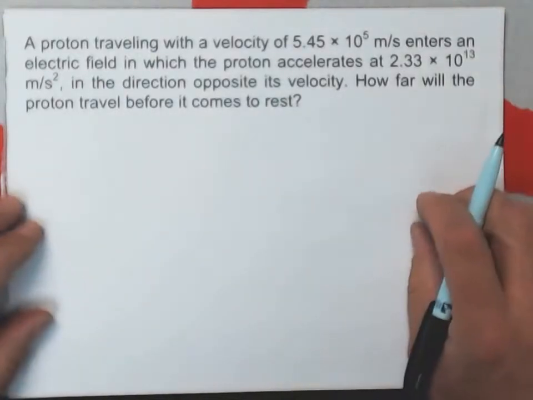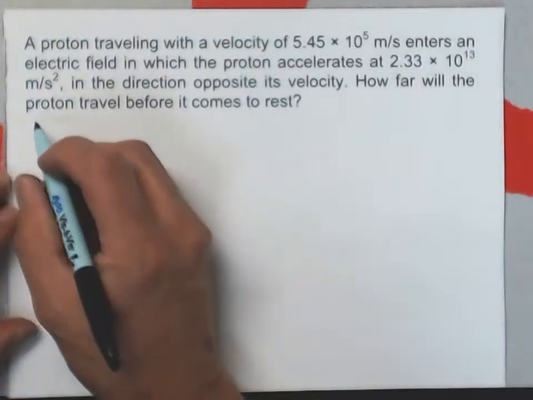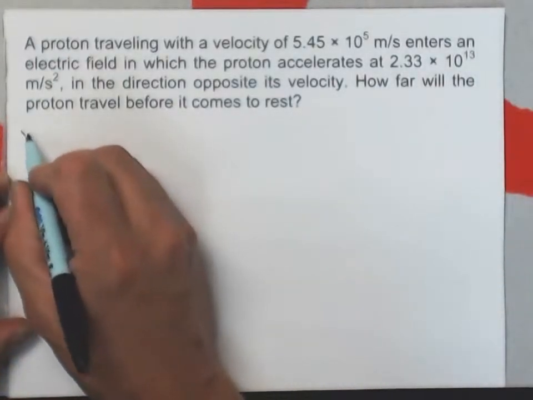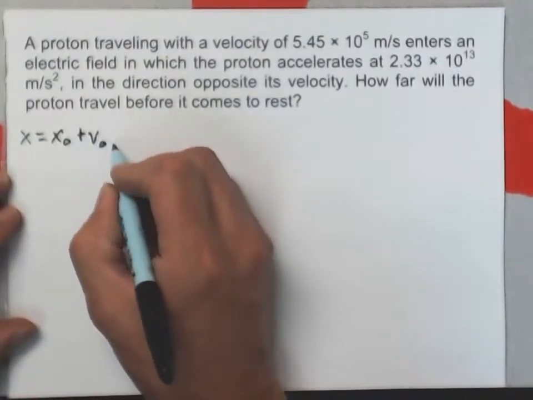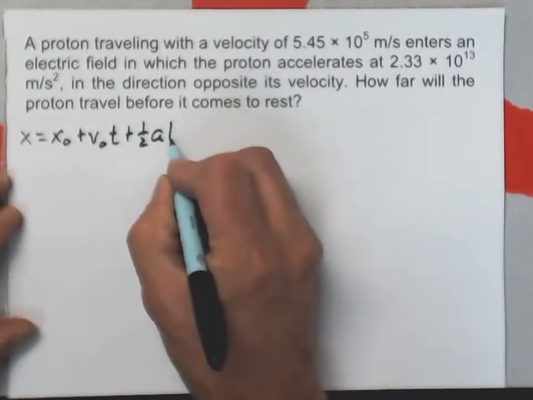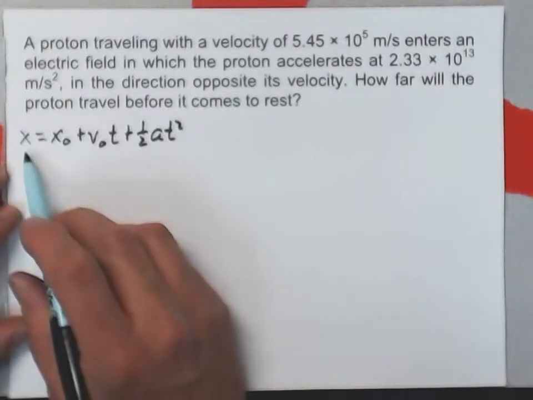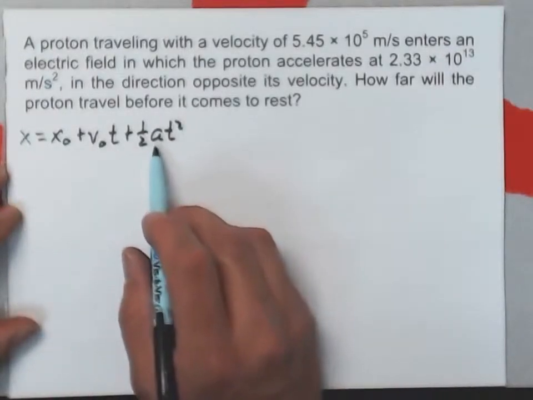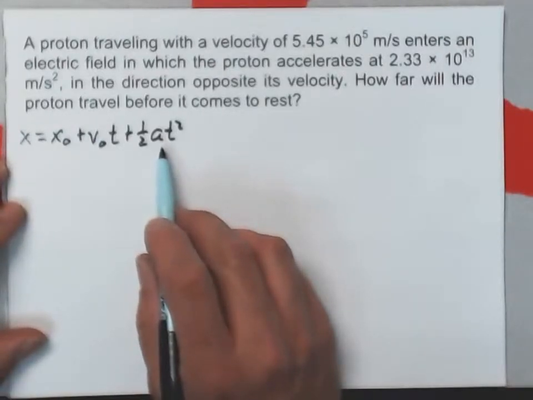This isn't too bad a problem. We can write down our constant acceleration equations. x equals x naught plus v naught t plus 1/2 at squared. That might help me solve it. That'll tell me how far x is given the initial velocity and the acceleration, but I don't know how long it takes to come to rest.